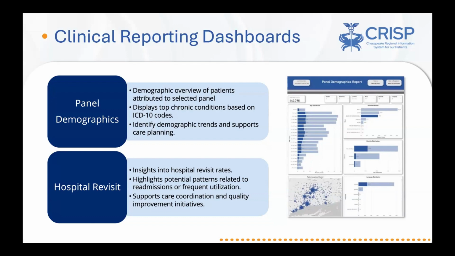This particular dashboard has a series of filters for race, ethnicity, gender, age, language, as well as a very nifty map that allows for you to target specific areas within your county or within the state of Maryland for a more refined look at your patient population and their specific chronic conditions. And so if you're looking to identify high risk individuals, this is a great report to do so.